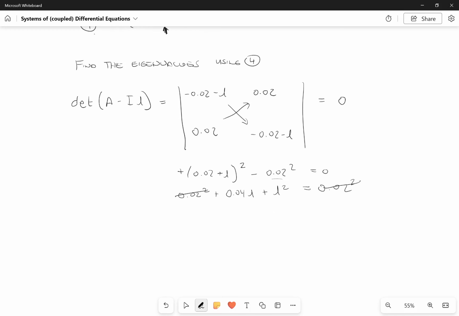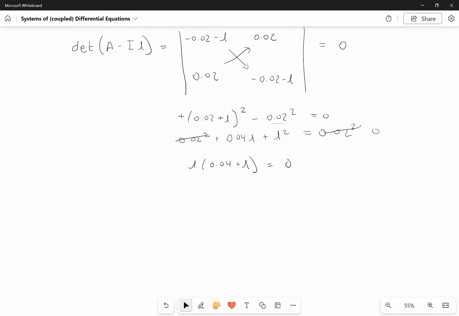And again, it's going to equal 0. So what we have is lambda times 0.04 plus lambda equals 0. And to equal 0, either this lambda is 0 or this is negative 0.04.